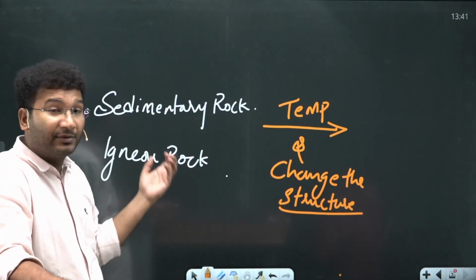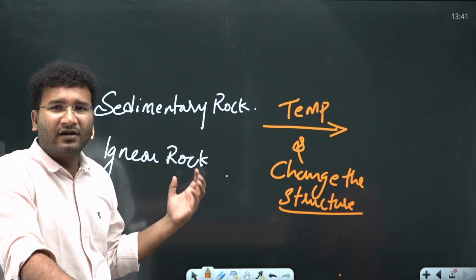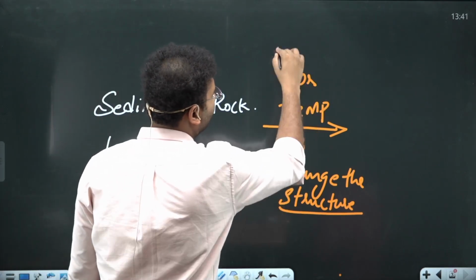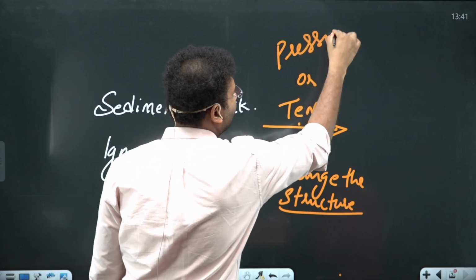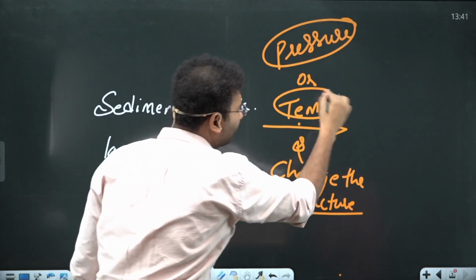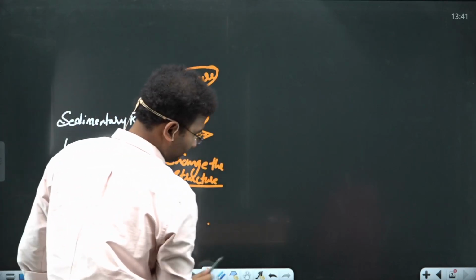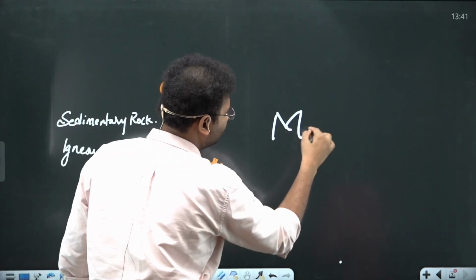I'm talking about the chemical structure, the physical structure of this rock. Either you put pressure or you give temperature to these two rocks. Now these rocks will become metamorphic rock.